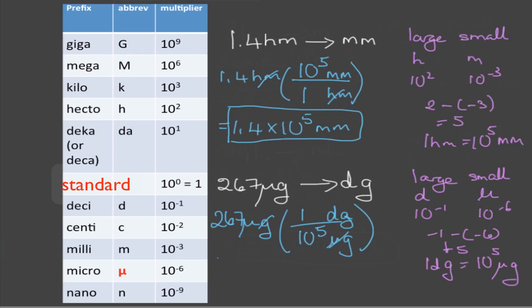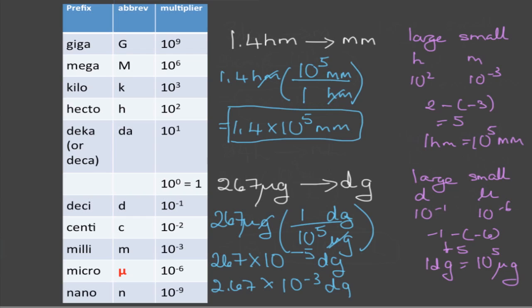This gives us 267 times 10 to the negative 5 decigrams. That is not scientific notation. We'll convert it to scientific notation. 2.67, that's 2 factors of 10 smaller, so our 10 to the negative 5, bigger, must go to 10 to the negative 3 decigrams.